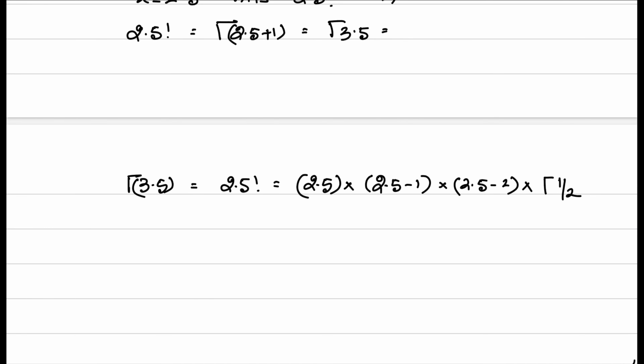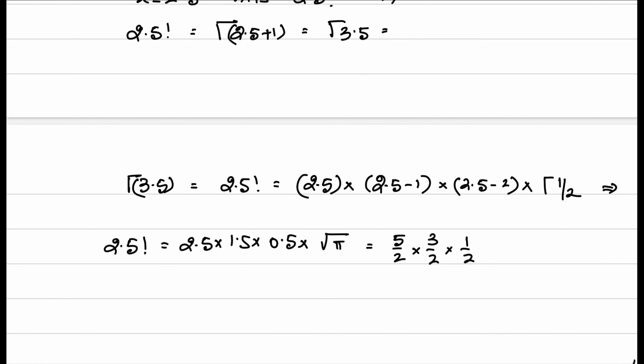What is the value of gamma half? Square root of pi, which implies 2.5 factorial is equal to 2.5 into 1.5 into 0.5 into square root of pi, that is equal to 5 by 2 into 3 by 2 into 1 by 2 into square root of pi. That means 2.5 factorial is equal to 15 by 8 into square root of pi.